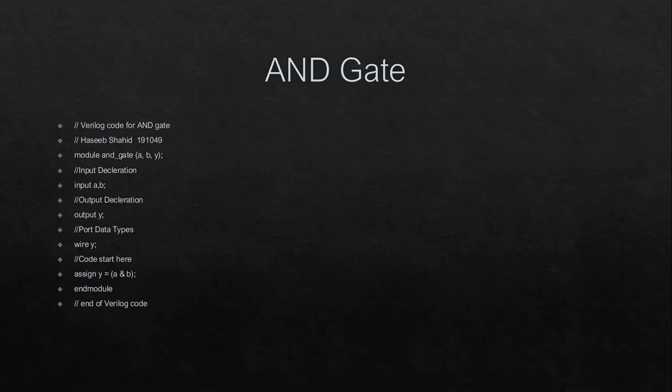So as you can see, in Verilog coding we will be going to use a module command in which we will use our file name. Our file name may differ from case to case, it depends upon us what our file name is.